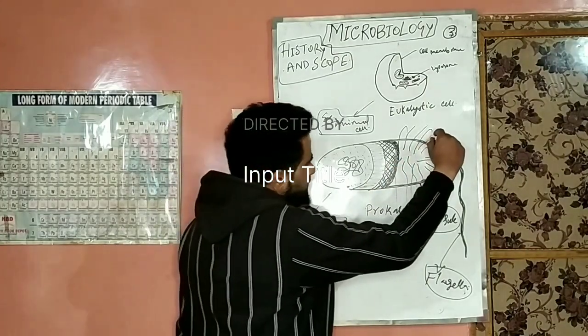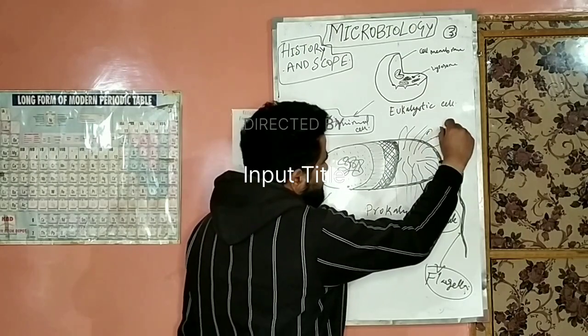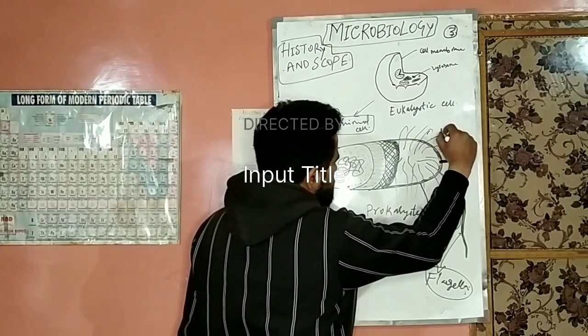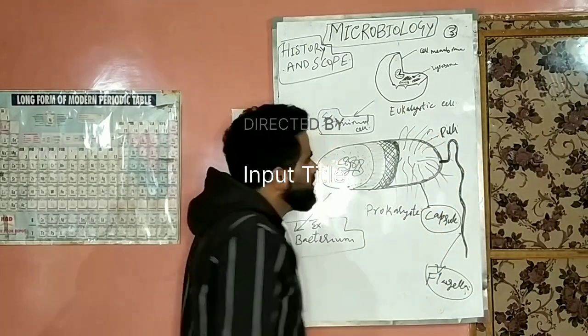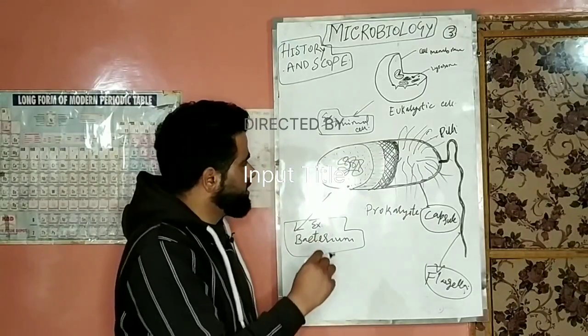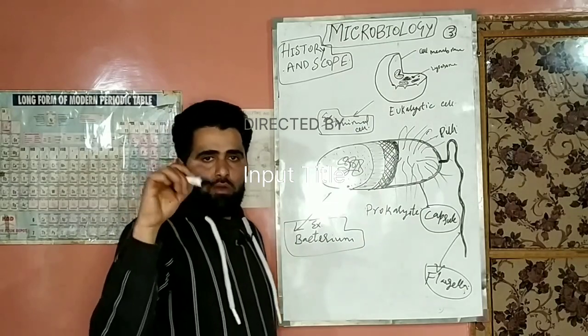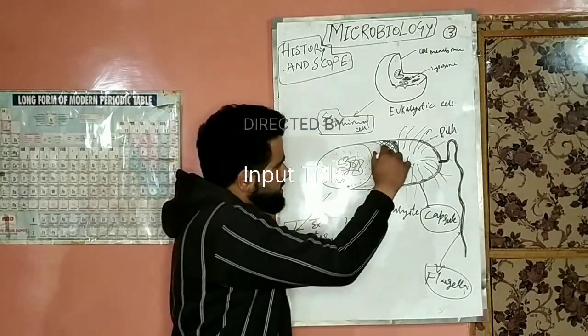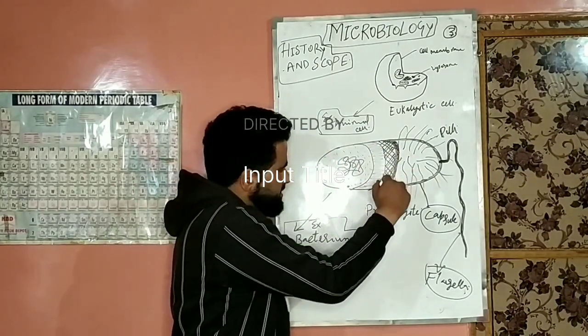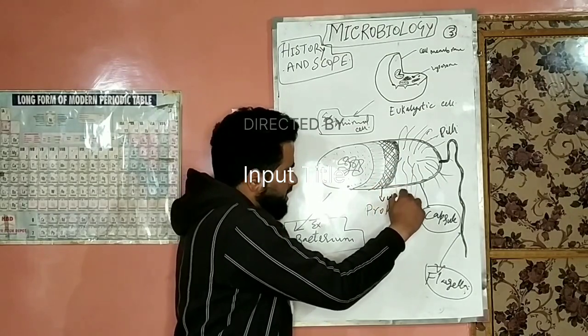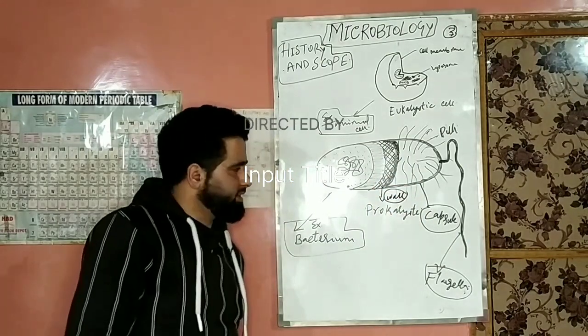These here are villi, or fimbriae, you may say. Next, this is the cell wall made up of chitin or peptidoglycan layer.